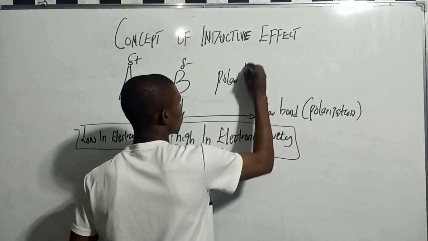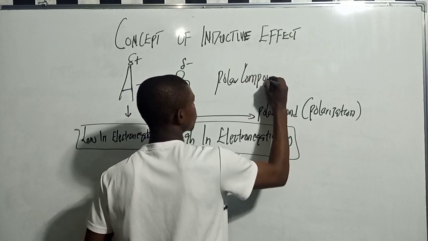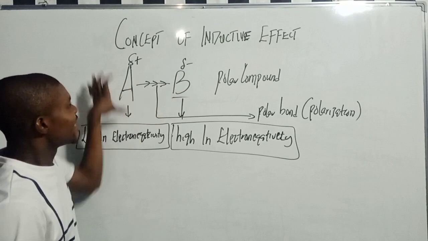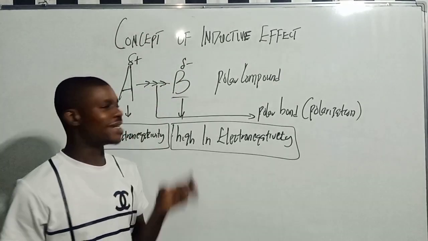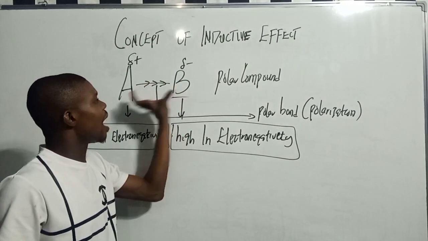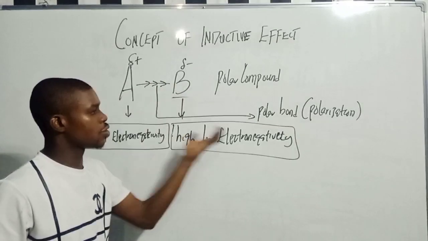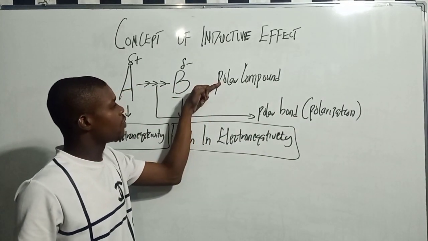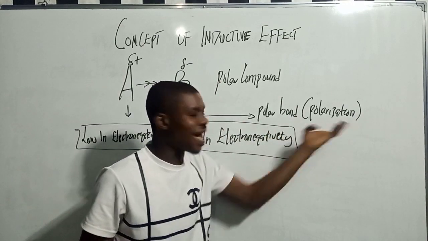So the whole compound is called a polar compound. The bond that has atoms with different electronegative power is a polar bond. And when an atom pulls more of the bonding electrons, we say polarization has occurred.